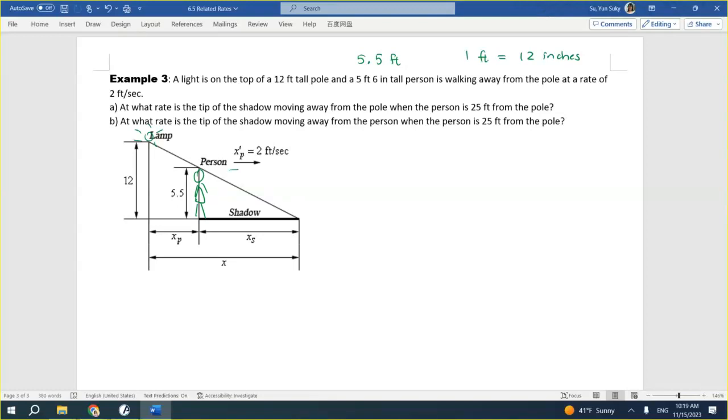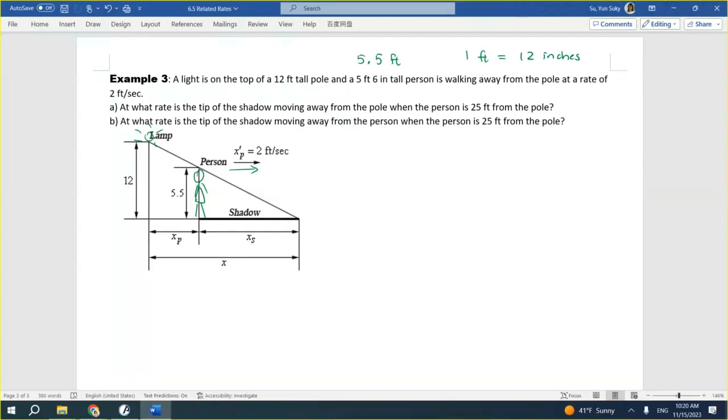So walking away, so going this way, at a rate of 2 feet per second. Okay, so 2 feet per second is the rate of change of the person walking. Okay, and look at this picture. Let xp be the distance between the person and the pole. And let xs be the distance between the person and the tip of the shadow.